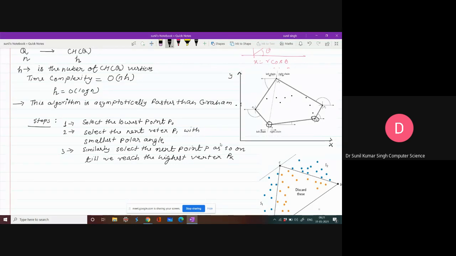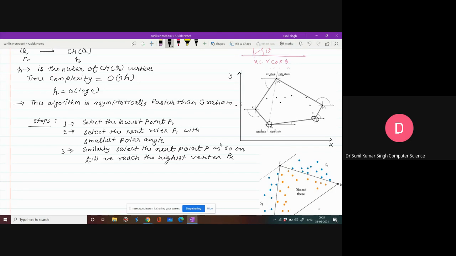And one thing you have to remember: you may encounter a situation where two points have the same polar angle. In that case you have to choose the farthest one, the same concept we used in the Graham scan algorithm.